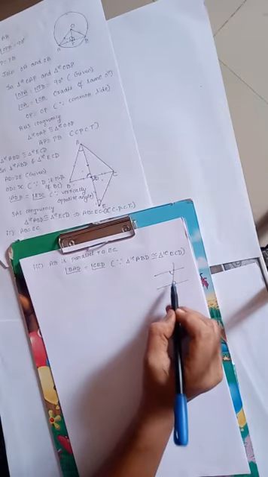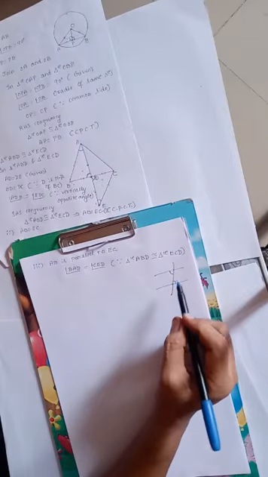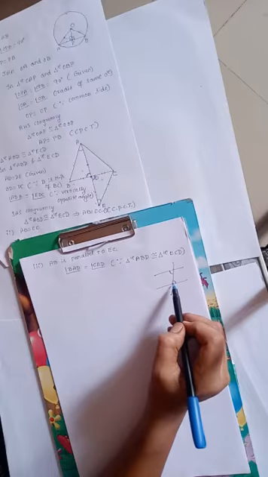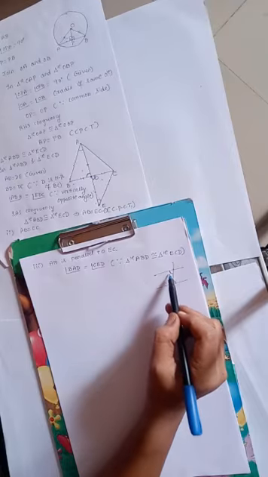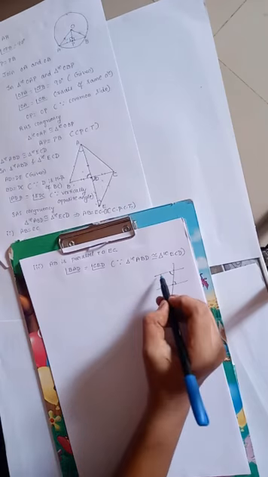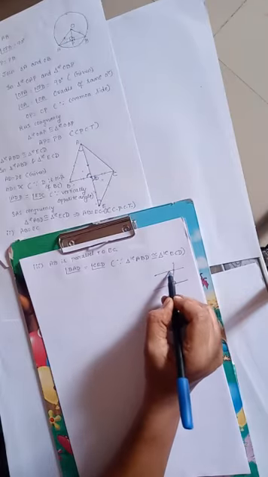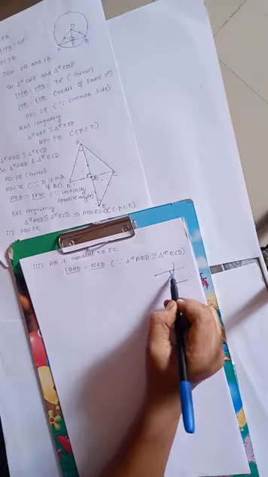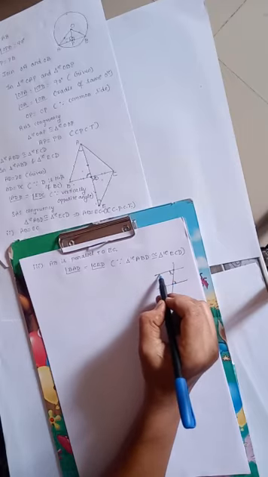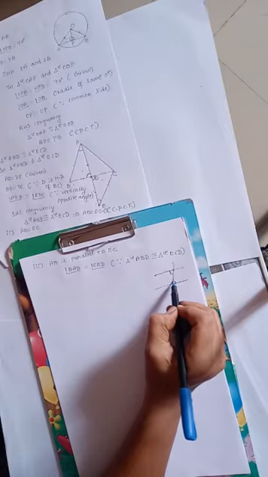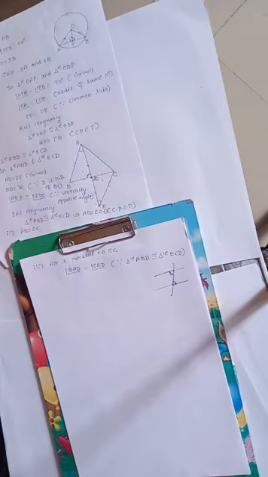In that, you know about the interior alternate angles, the angles on either side of the transversal. Like this, in the Z form, two parallel lines and the angles formed on either side of the transversal are always equal. We call these angles the alternate angles.